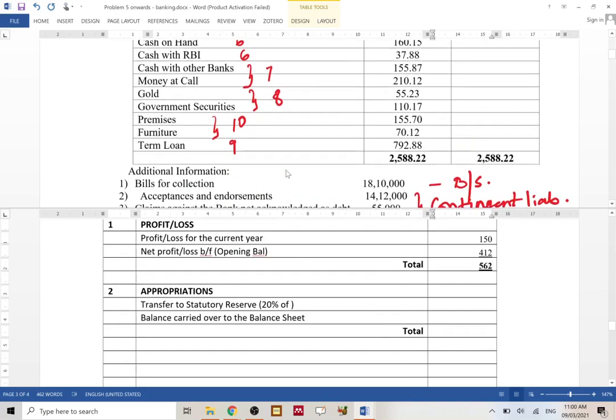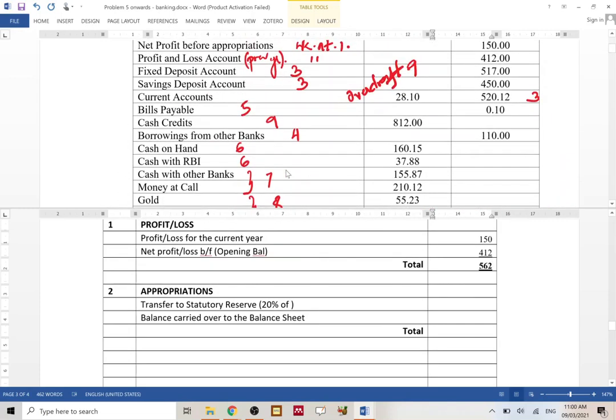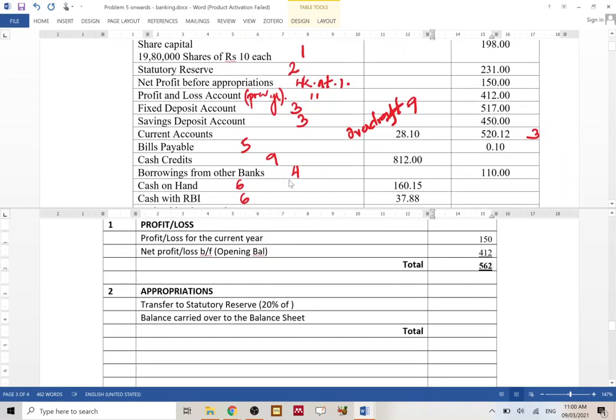Although nothing is mentioned in the problem, we consider 20% as our normal transfer to the statutory reserve. So you need to calculate 20%, but only of the current year's profit, not of the total. This is only current year statutory reserve, isn't it? So take the profit of the current year, 150, and 20% of that would be 30.